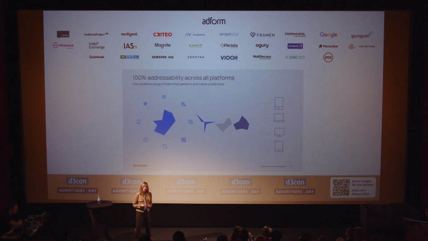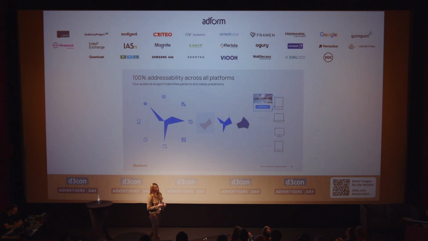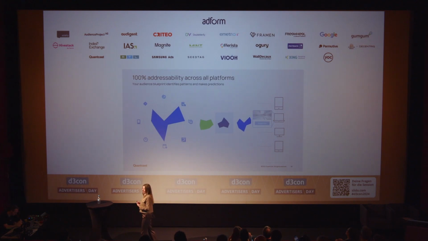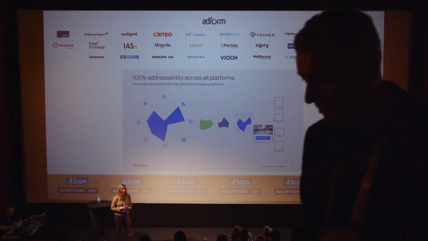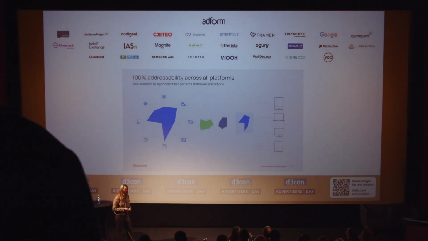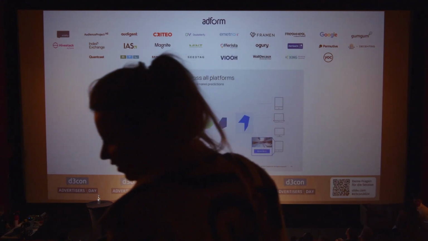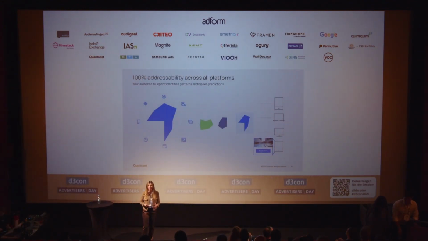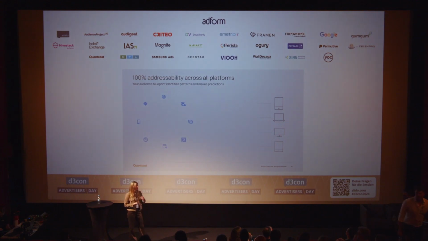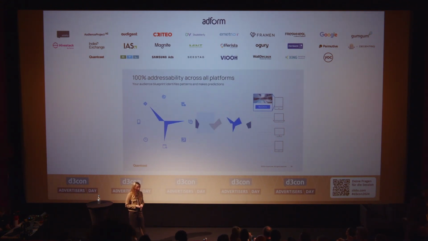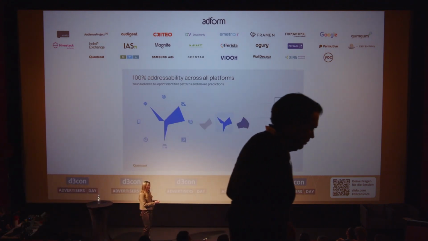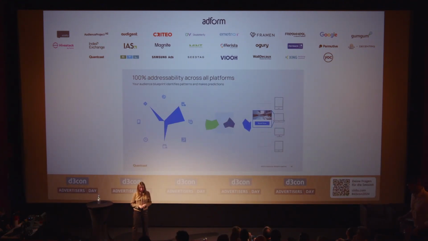It's a similar logic that we use in order to be able to target not just on one device or one channel, but cross-device and across multiple channels, and add something like connected TV into the mix. As I mentioned, the user journey is more complex and more scattered than ever before. And that's why it's really crucial also in your programmatic strategy to make sure you include all these different platforms.